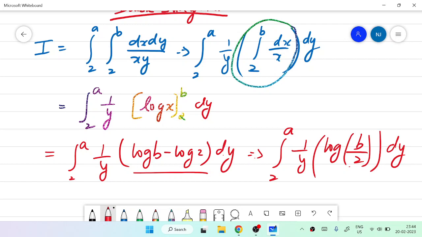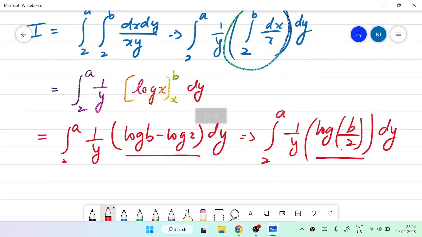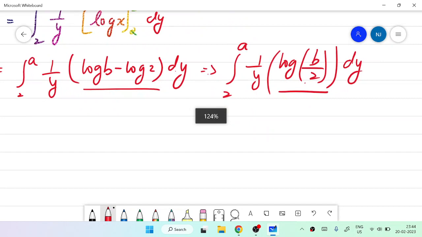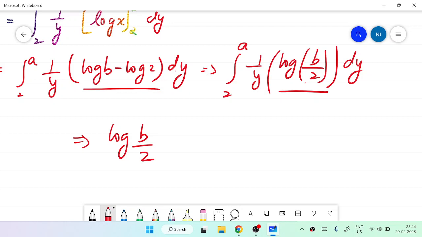Then here, the term log of b by 2 is a constant, so you can bring this outside. So it's log of b by 2, and then bring every other term, the integral from 2 to a of 1 by y into dy, into one common bracket.